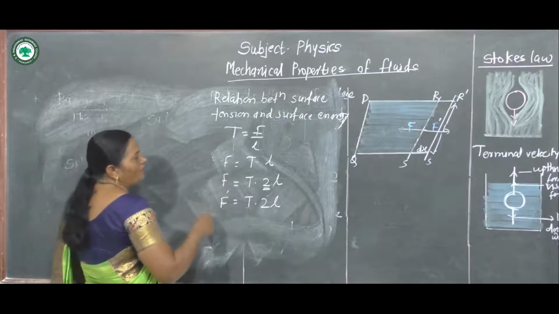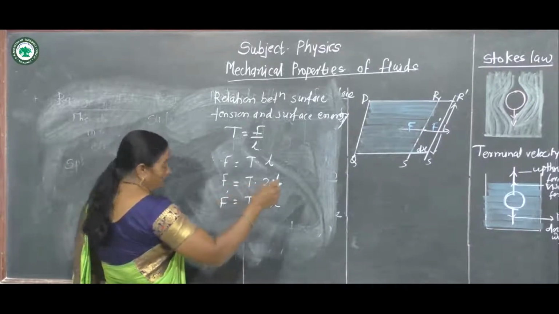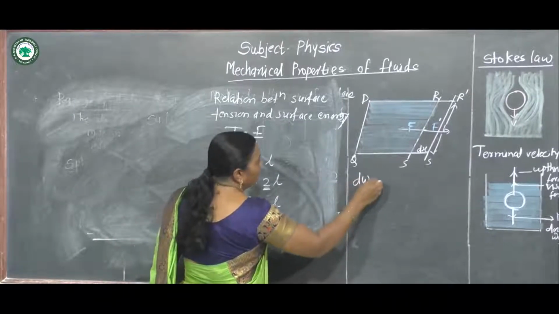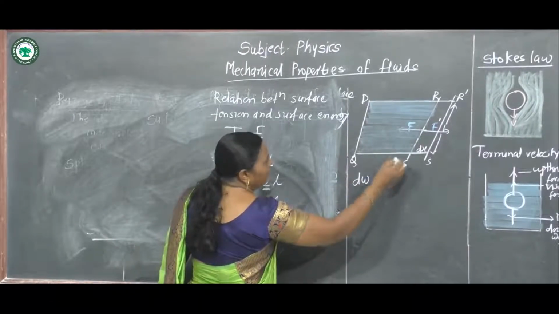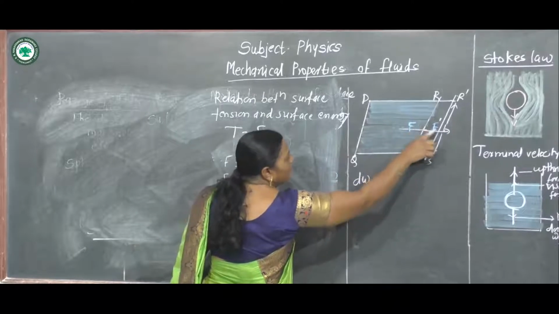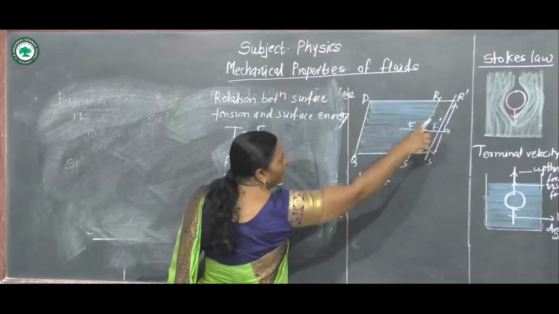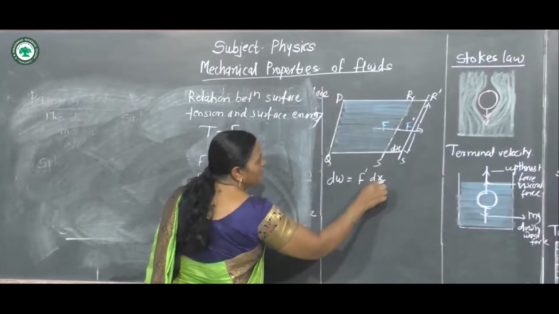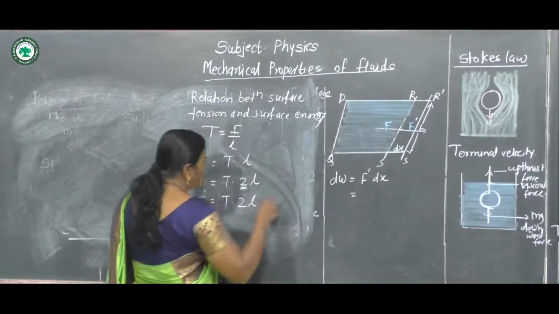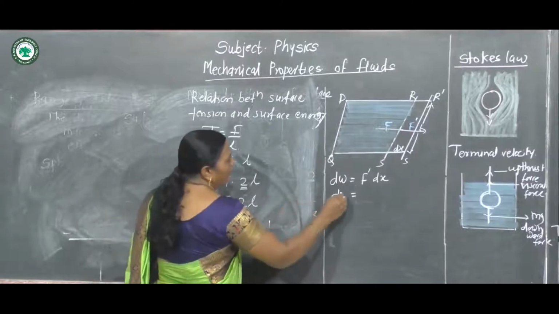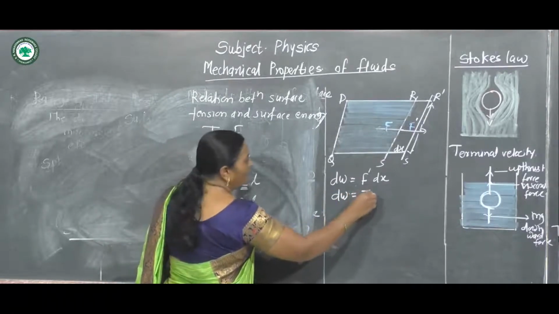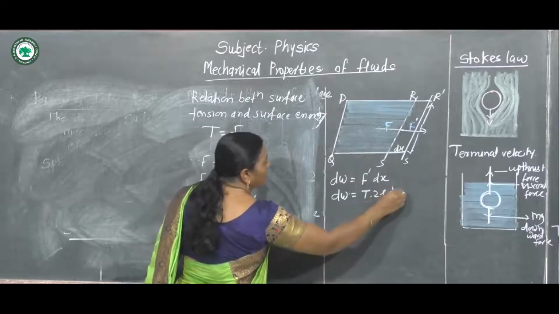Now, the work done is dW. Here we pull this wire towards the left through a distance dx, so dW is equal to F dash dx. The value of F dash is T into 2L, so dW is T into 2L dx.